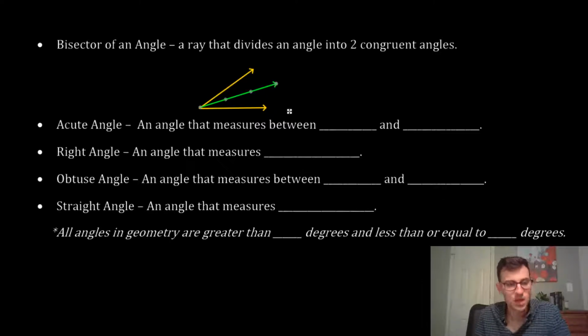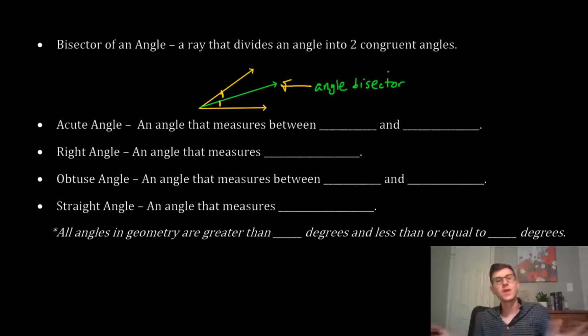Then we call that a bisector of an angle. This right here is an angle bisector, just a ray that divides an angle into two congruent angles.